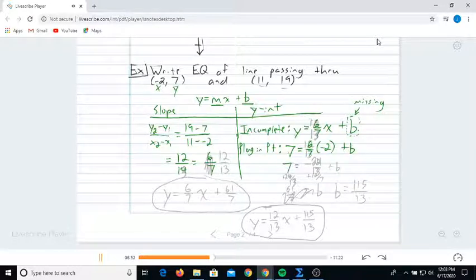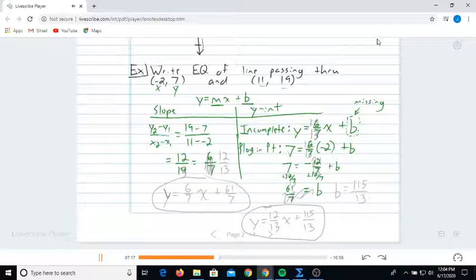We get negative 12/7 plus b. So I can just add 12/7 to both sides. And there we get our solution. So that would be 49 plus 12, which is 61, so we get 61/7.